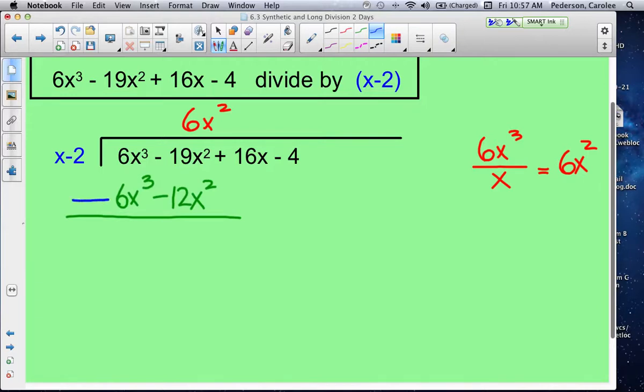So I subtract, well this already is a subtract, so I have to change it to a plus. And now I say 6x cubed minus 6x cubed is 0. And then -19x squared plus 12x squared is -7x squared. Now I'm going to go ahead and bring down the next term, plus 16x.